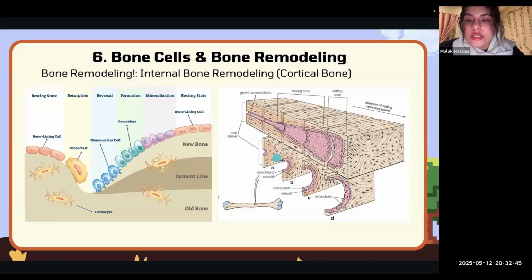Here we start: osteoclasts are chewing up the bone, and then osteoblasts are going to deposit new bone. So that is the direction of the cutting cone movement. It's coming this way, and the closing cone will come right after it.